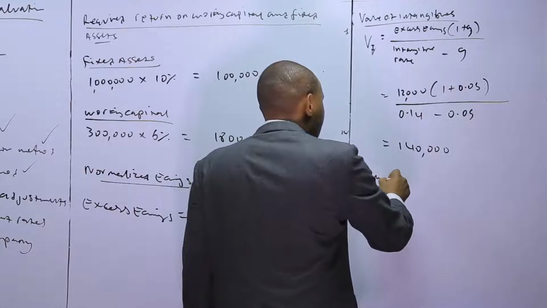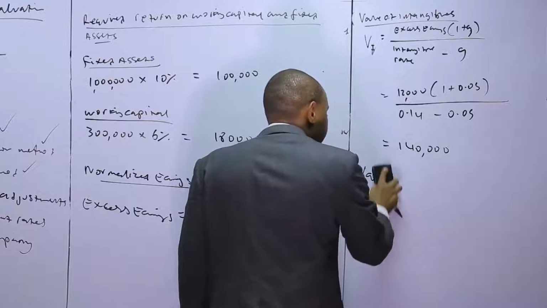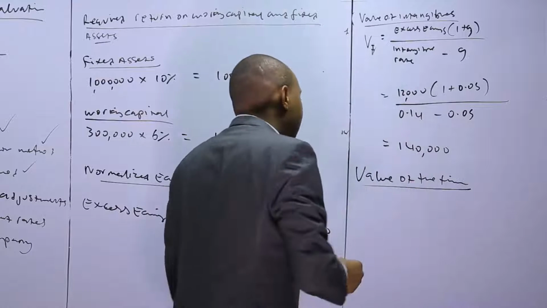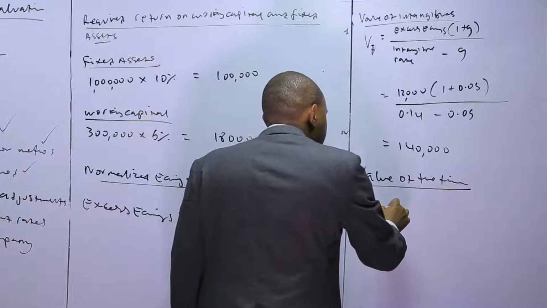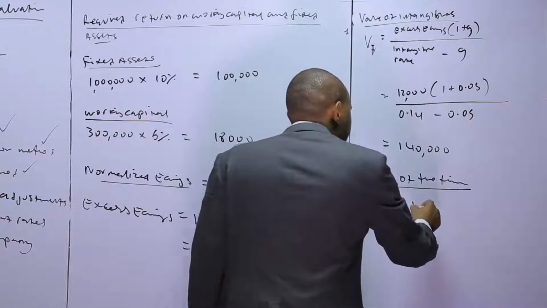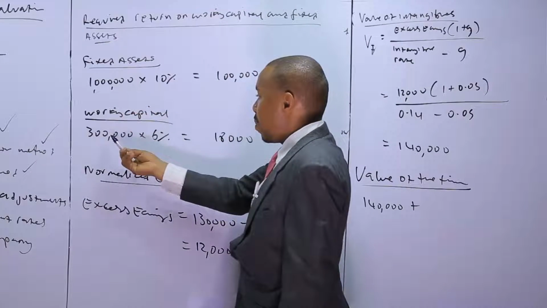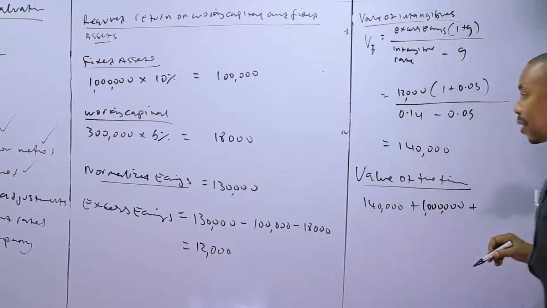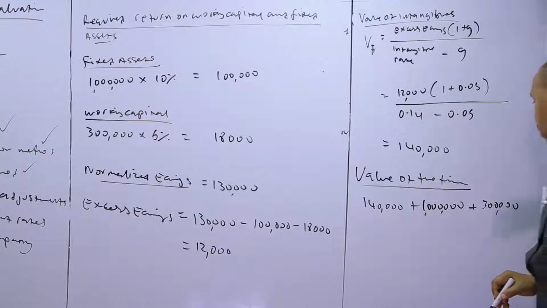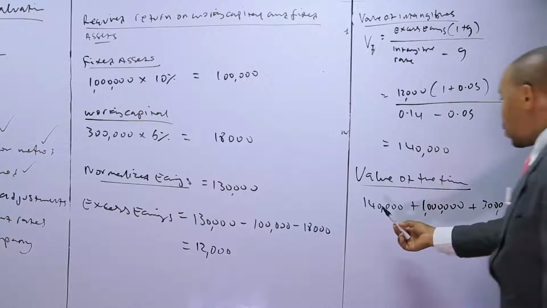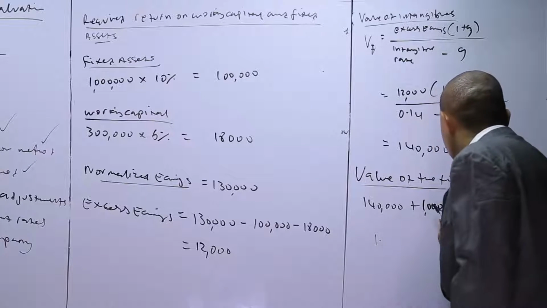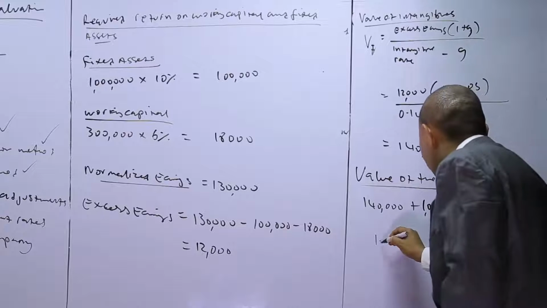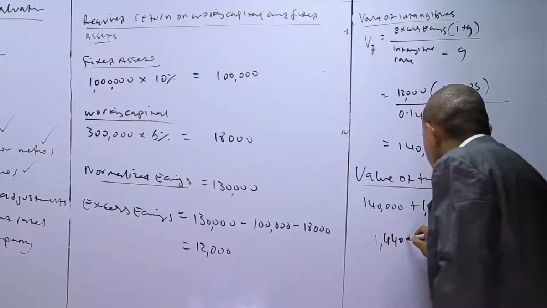So the value of the firm will be 140,000, which is the value of intangibles, plus the component of fixed assets, 1 million, plus the component of working capital, 300,000. So 1 million plus 300,000 is 1.3, plus 140,000 looks like 1.44. 1,440,000 like that.